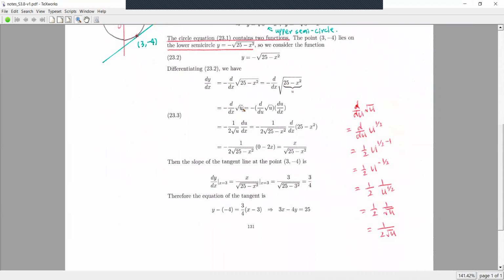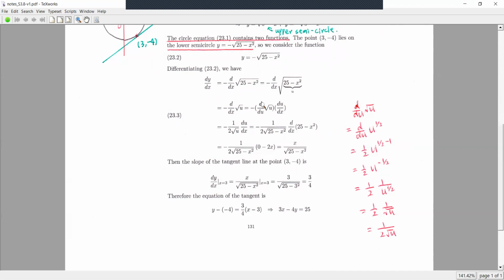Because x and u are different variables, before we can compute this derivative, we need to apply the chain rule. We insert du in the denominator and du in the numerator. Then this derivative is equal to the product of these two derivatives.